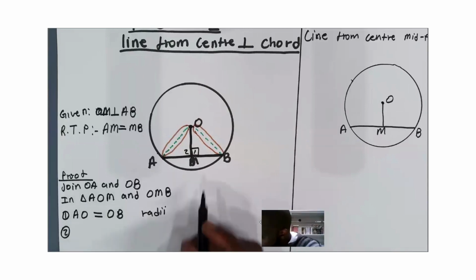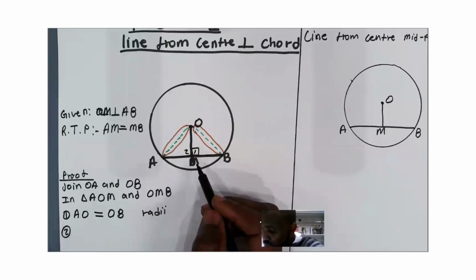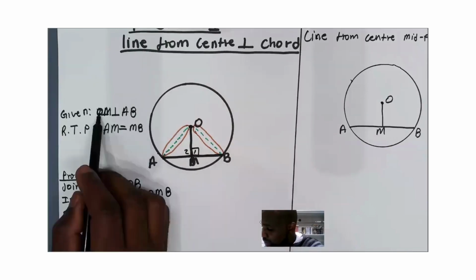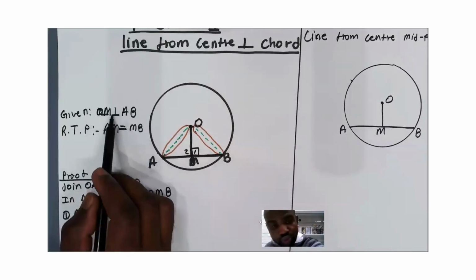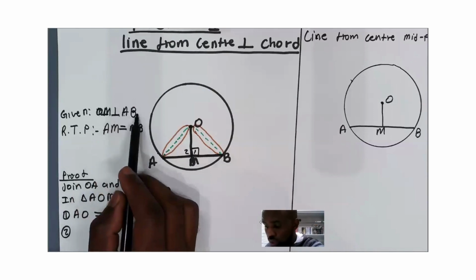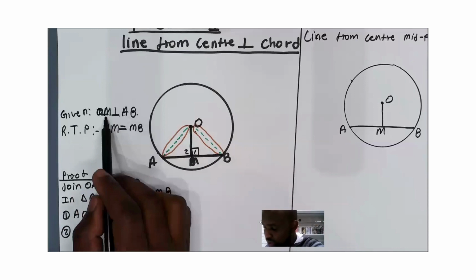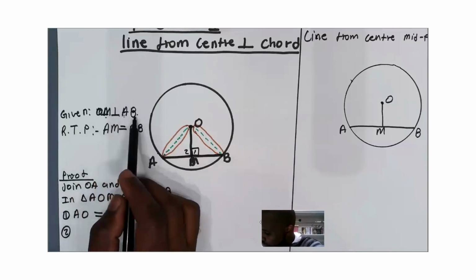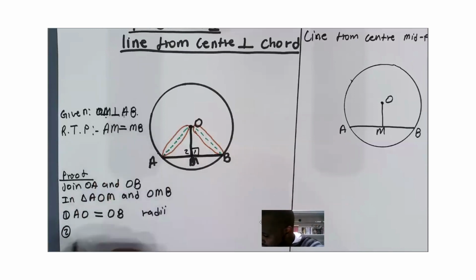Number two, they told us ukuthi OM is perpendicular to AB. So lokho kuchaza ukuthini? Kuchaza ukuthi angle M1 uyalingana no-angle M2, ulingana no-90 degrees.